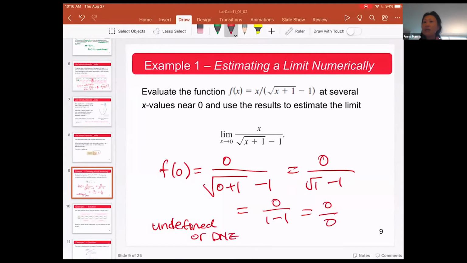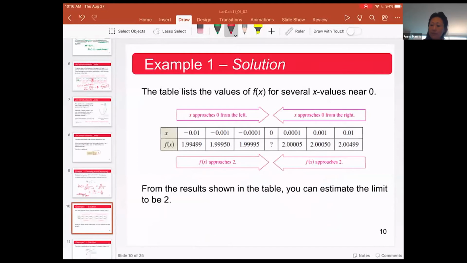You do not have a value. It does not exist. It's undefined. But now let's not worry about what the y value is, let's just see where this y value is approaching. So according to this, I'm going to look from the left-hand side and from the right-hand side of 0. So f of negative 0.001, so what was my equation?